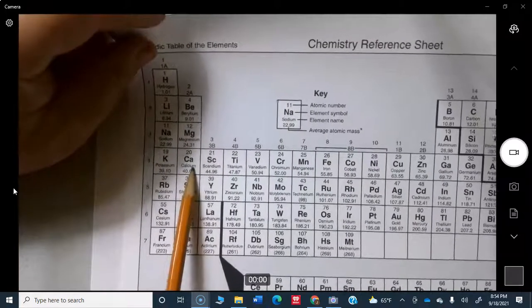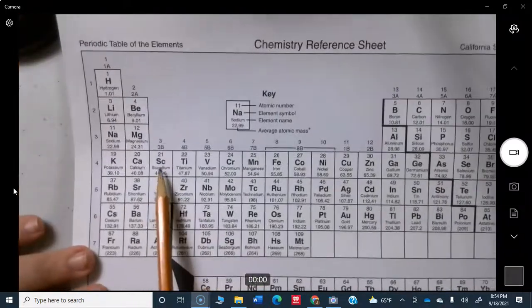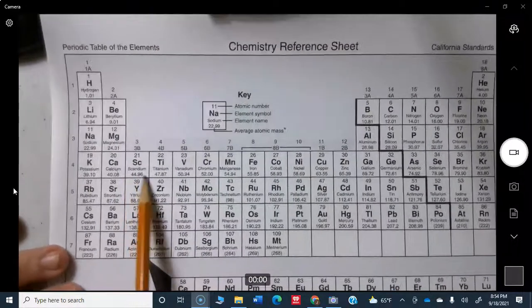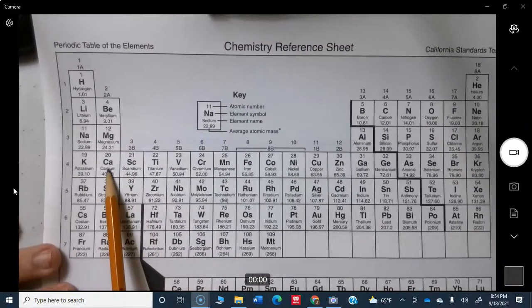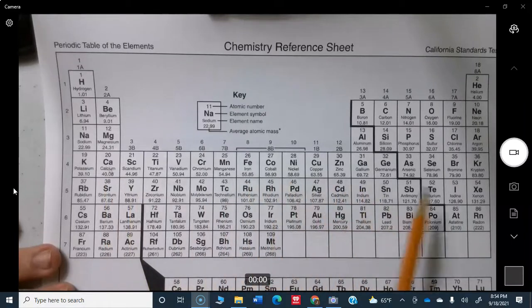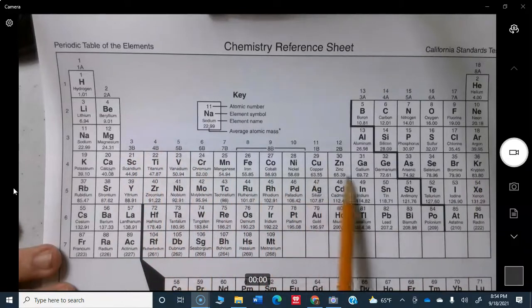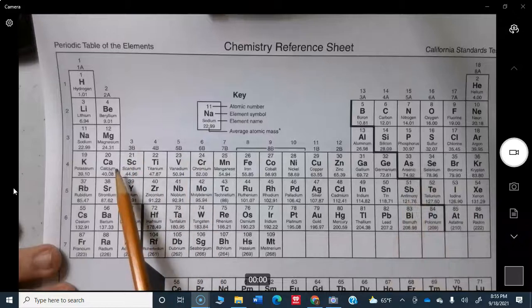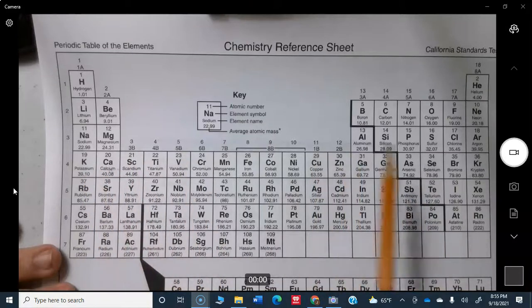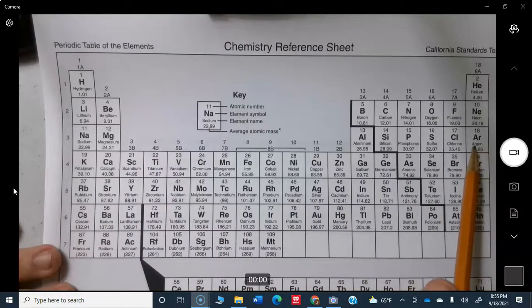So here's calcium. It wants to ionize to be like the nearest noble gas. So where's the nearest noble gas? Well, in its own row, it's krypton. That's way over across the periodic table, and you have to count all those elements across to see how far that is from calcium. Or calcium can go backwards and be like the noble gas in the row before, argon. That's quicker and easier for it.